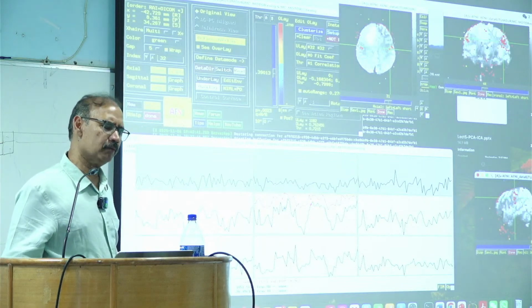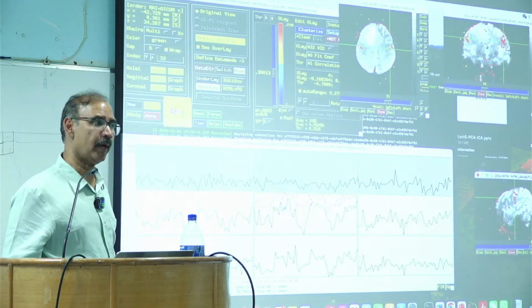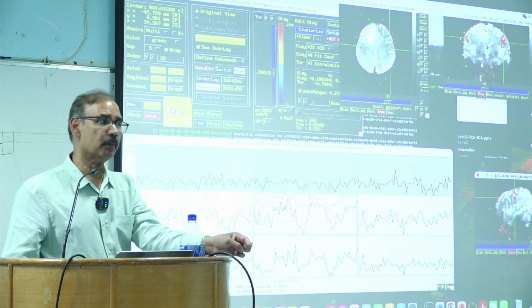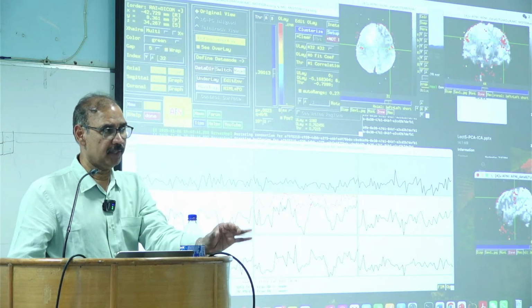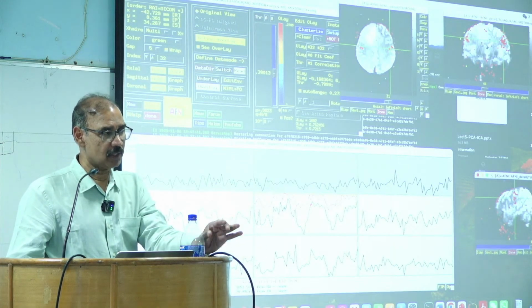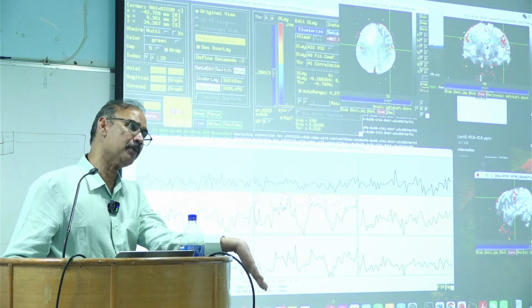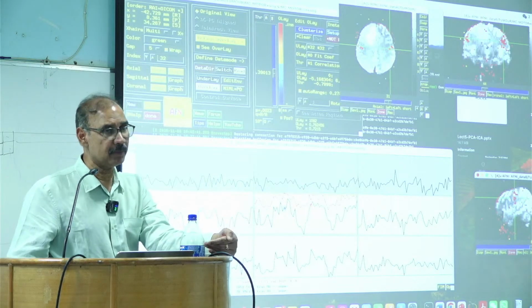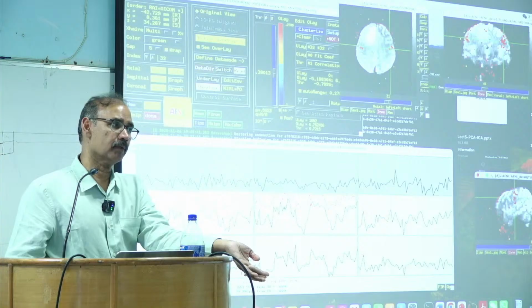For a single subject, we also use ICA to find the different components, and then we can find the spatial component, and from the spatial component we can find the temporal component, and from the temporal component we can find the spatial component.